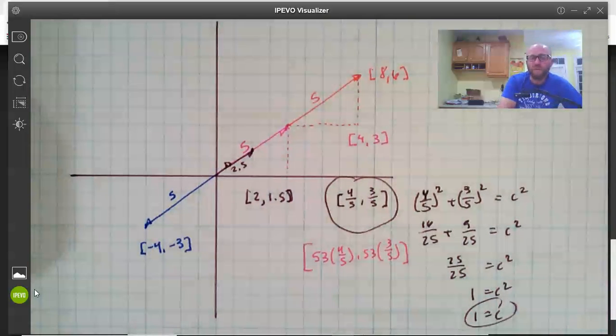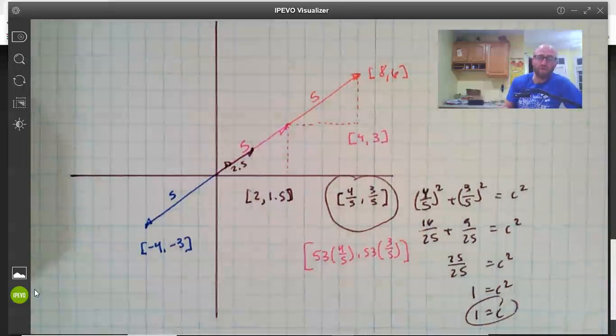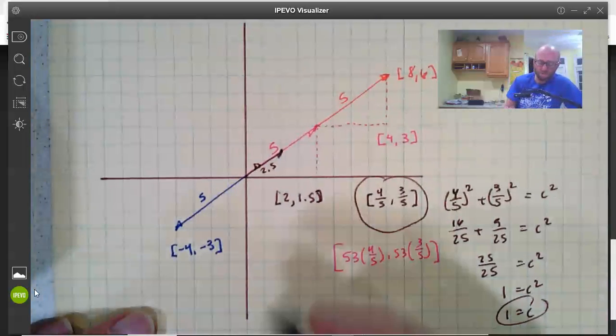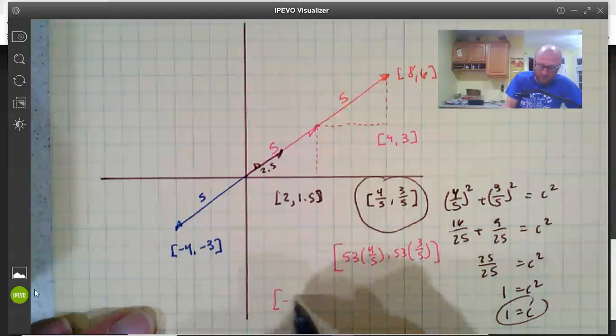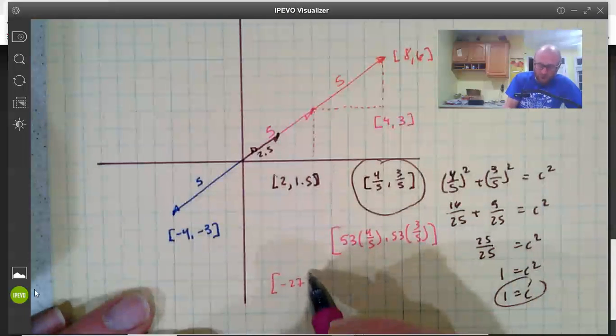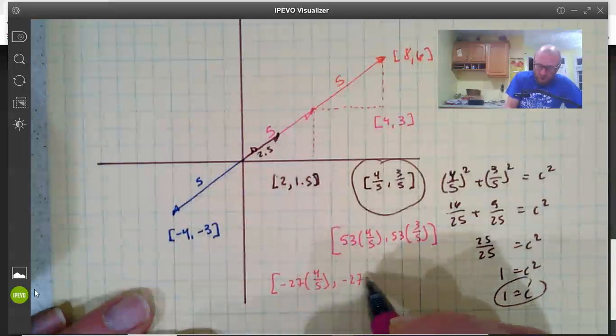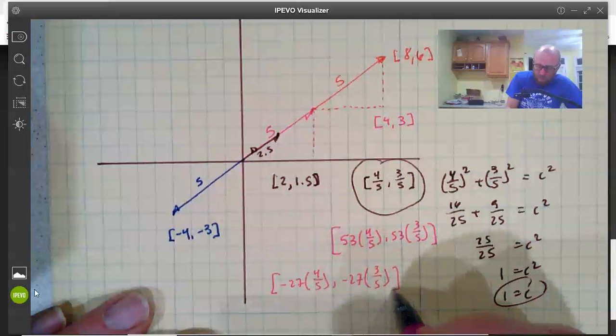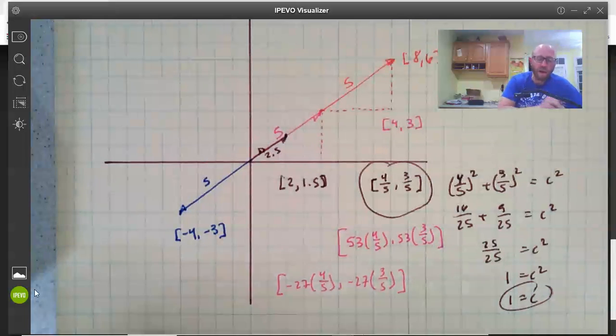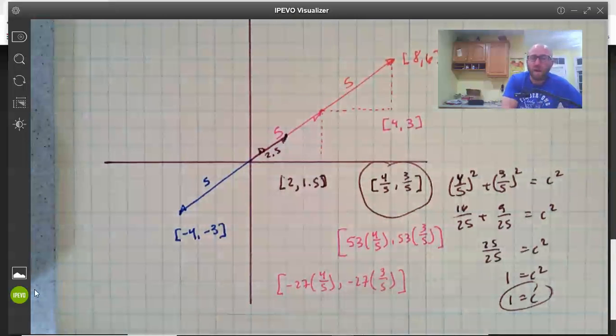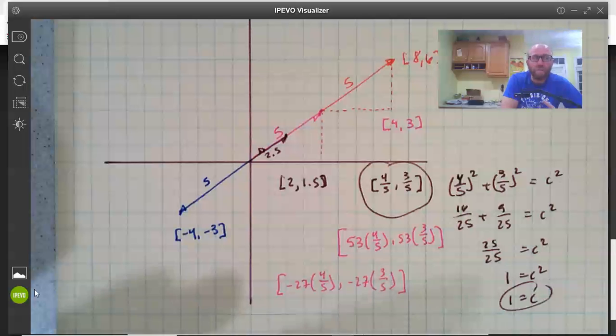If I want to find a vector that goes in the opposite direction and is 27 units long, well, it's going to be negative 27 times 4/5, comma, negative 27 times 3/5. And that vector will go in the opposite direction, and it'll be 27 units long. So anything I want, I can do pi units, square root of 2 units, doesn't matter.